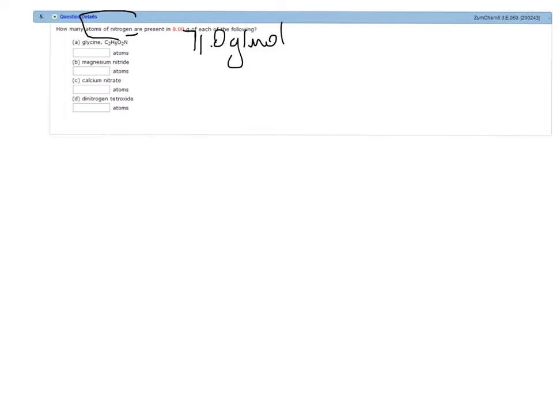The other molecules here, magnesium nitride is Mg3N2, and its molar mass is 100.3 grams per mole.